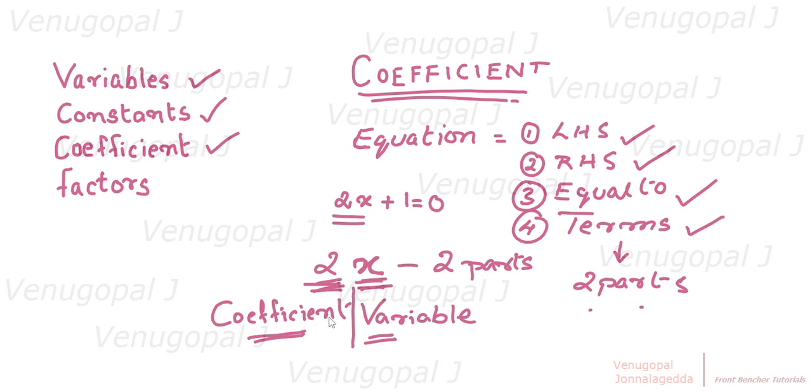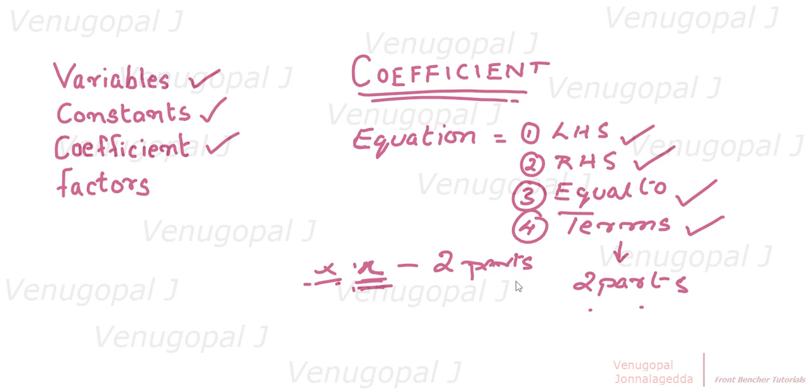There is a tricky question over here. Okay, I'll just rub this off again. Just remember this. So I have another equation called x plus 2 is equal to 0.